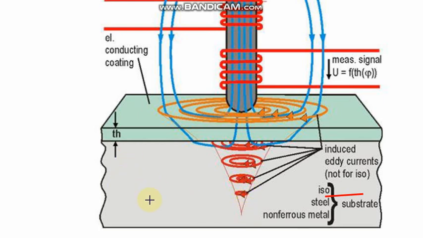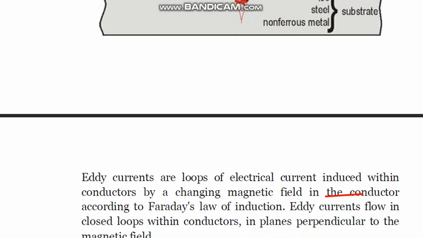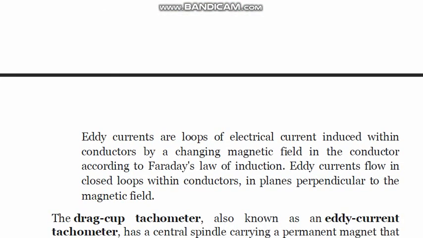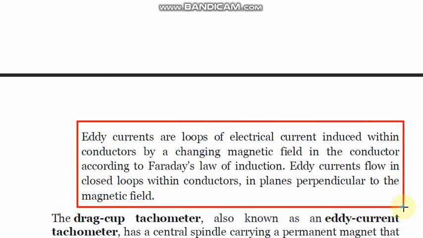So this is the substrate of the conductor. This conductor may be movable or it may be in contact with the electromagnet, and this is the concept of eddy current. The definition of eddy current is: eddy currents are loops of electrical current induced within conductors by a changing magnetic field in the conductor, according to Faraday's law of induction.